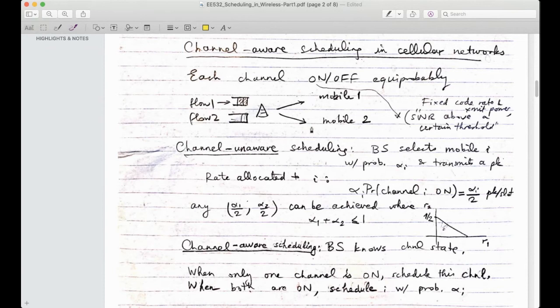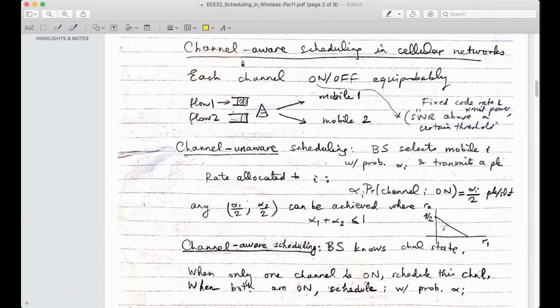But once we understand that, of course, it would be possible to generalize it to a more realistic scenario. All right. So now in this downlink, the centralized scheduler is going to decide which user to send data to at any given time. It can do it in a channel unaware way or channel aware way.